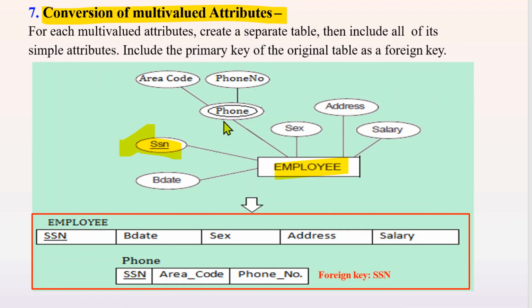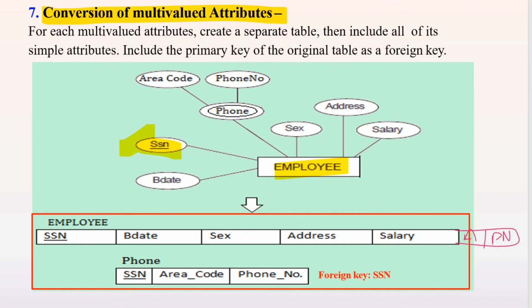Then for every phone number we need to repeat all the entries of the employee table. For example, if we want to store 2 phone numbers here, then we have to make 2 attributes as area code and phone number.